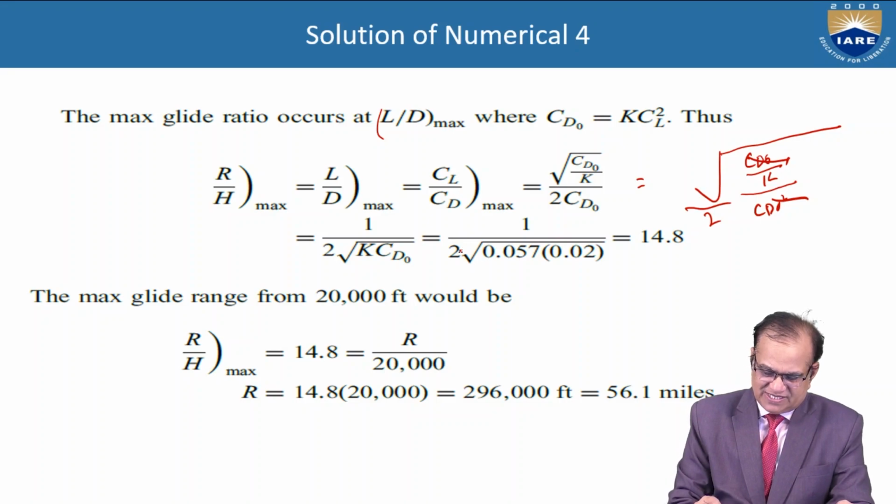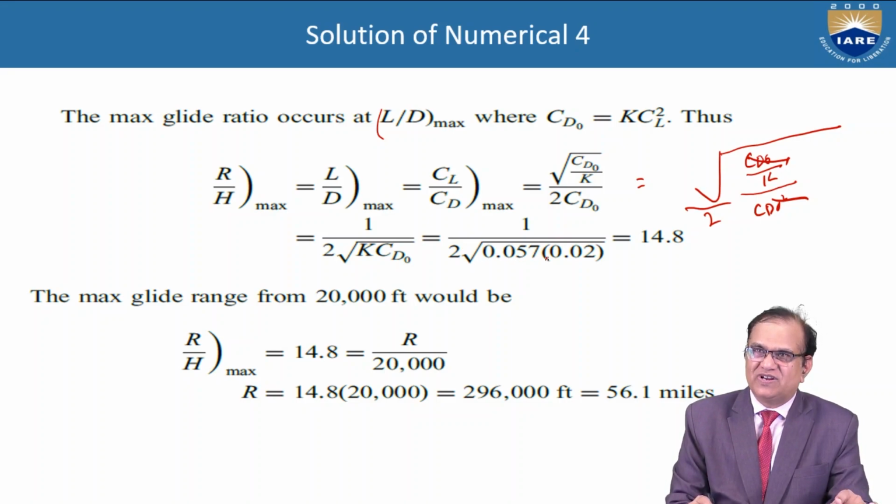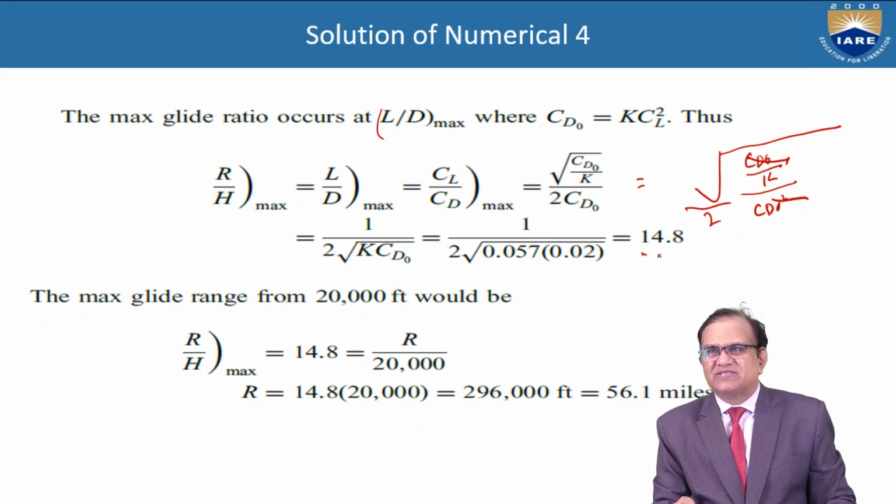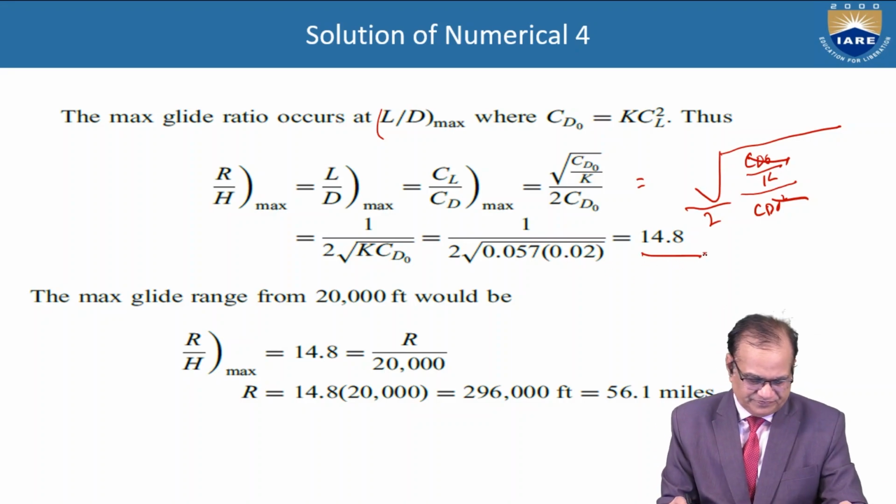And we know K is equal to 0.057 and CD naught is 0.04. We will get this maximum 14.8.